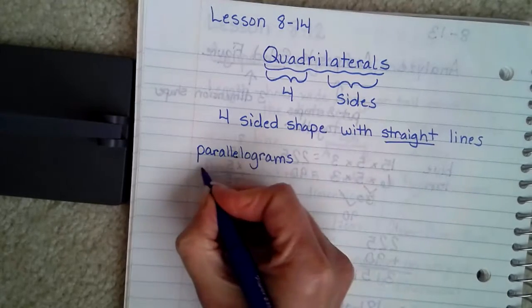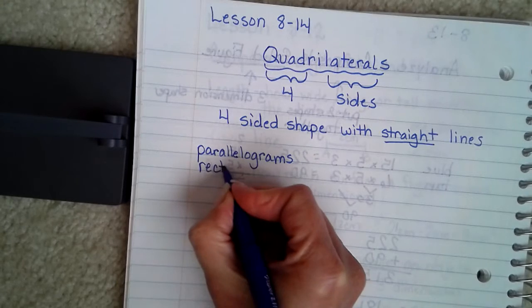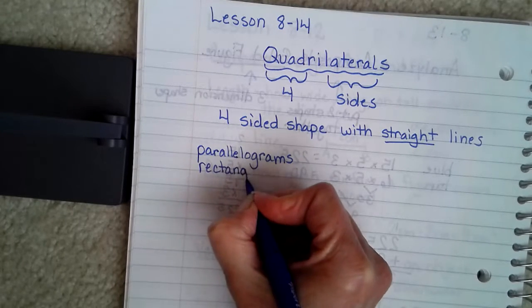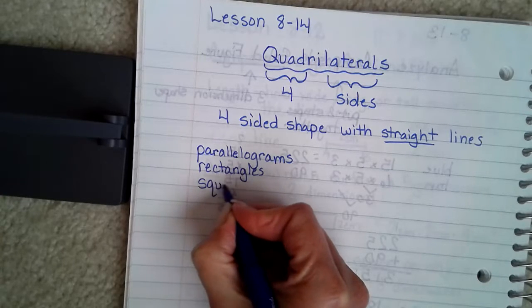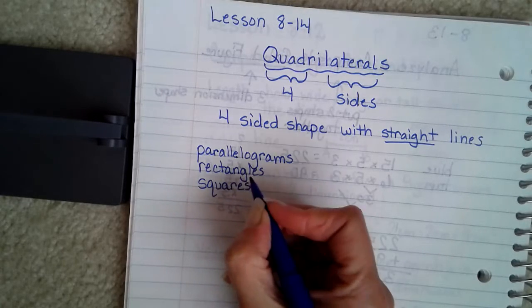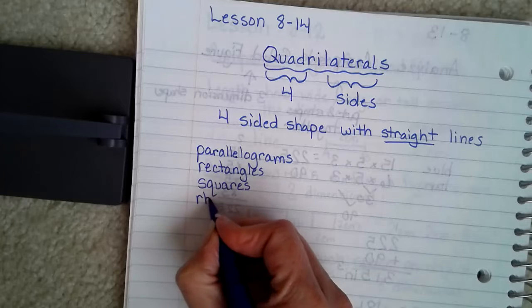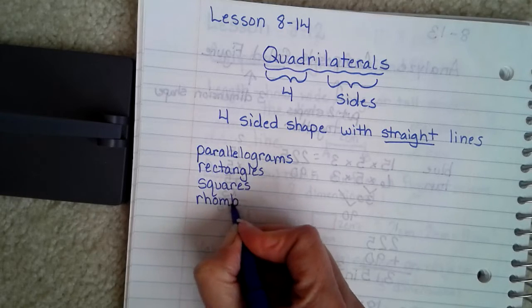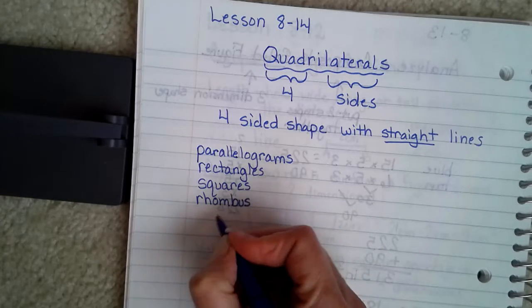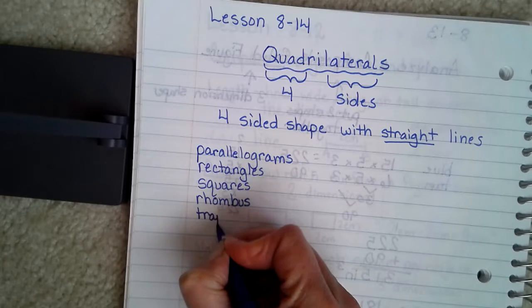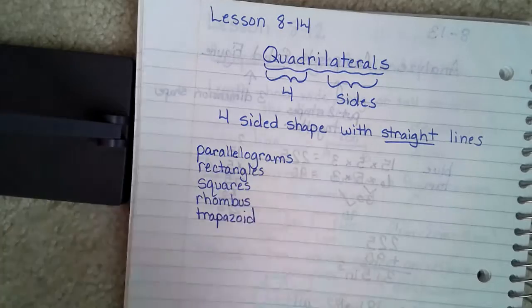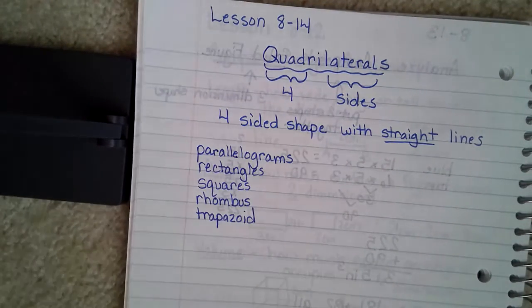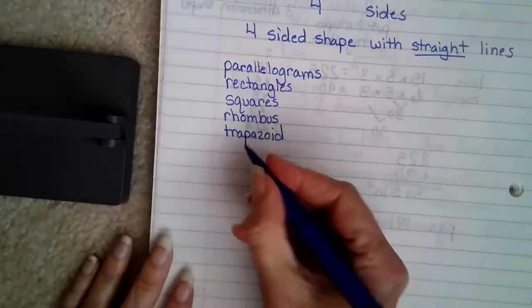We have got rectangles. We've got squares. We've got rhombuses. And we have trapezoids. These are the ones we're going to focus on today. Okay, so let's talk about what each one of these is.